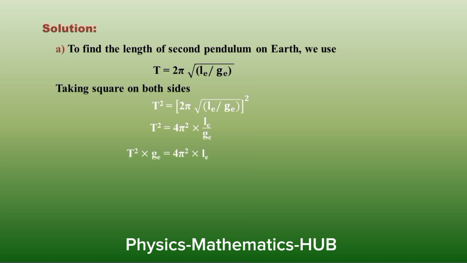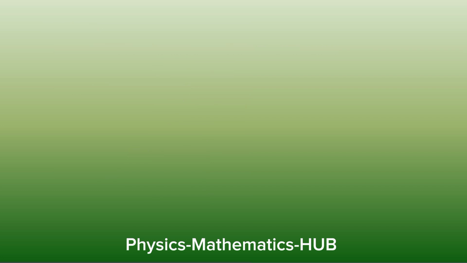T square multiplied by gravitational acceleration is equal to 4 pi square multiplying by LE. Rearranging the formula for length of the pendulum on earth, we get LE is equal to T square multiplied by gravitational acceleration on earth divided by 4 pi square.